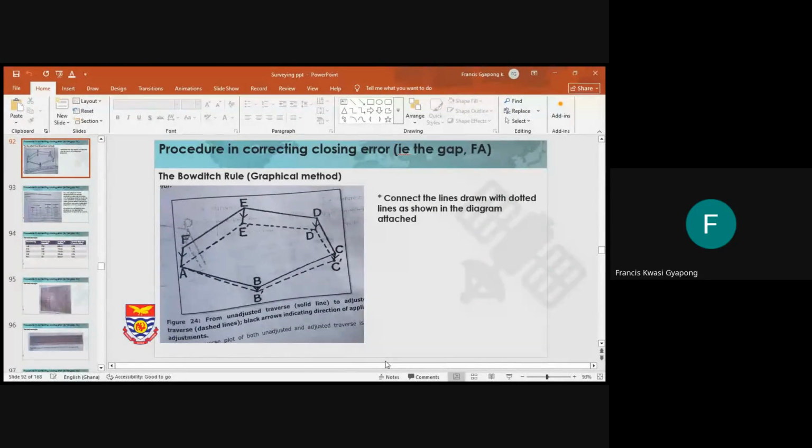Okay. So we are going to do the next one, and the next one is a measure of the distance between A and A prime. We're going to measure the distance between A and A prime.